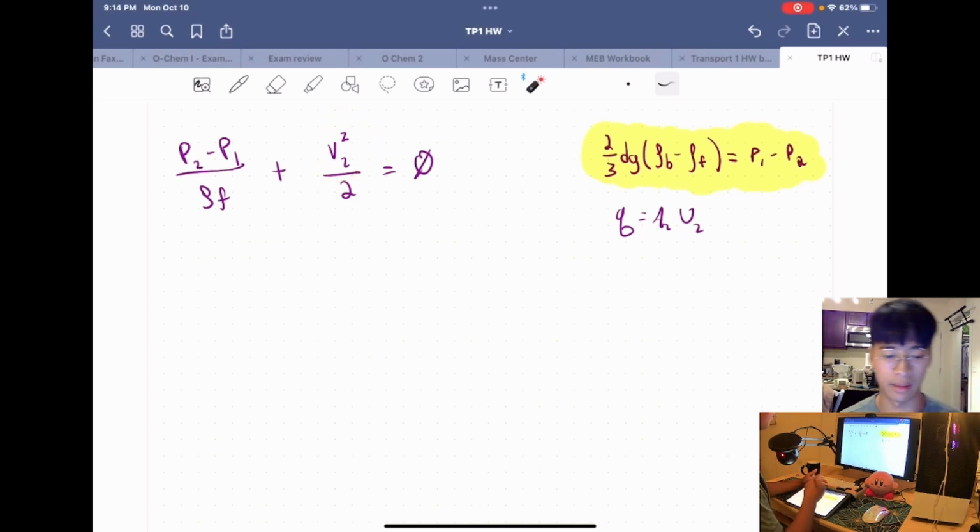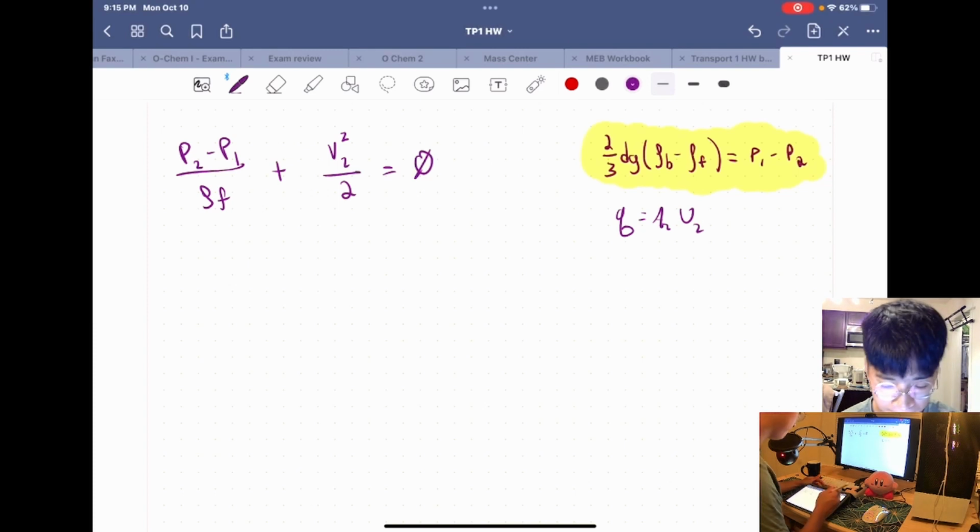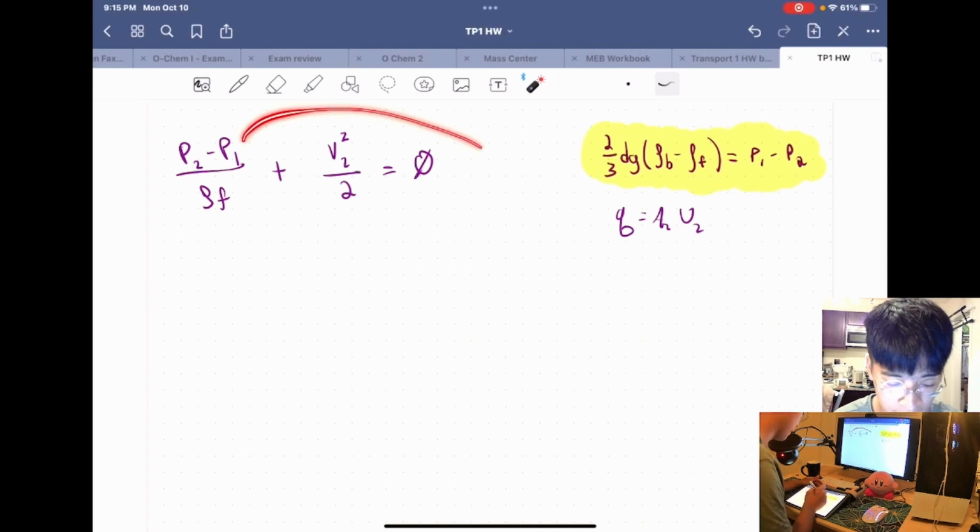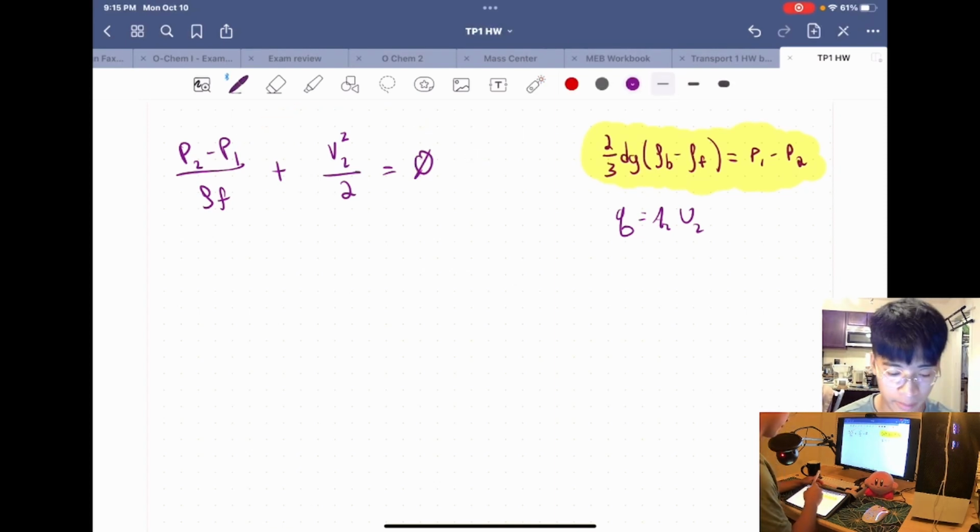Why don't we isolate that? Well, actually, that's where I was getting confused. If we subtract that to the other side, then this P2 minus P1 becomes P1 minus P2.